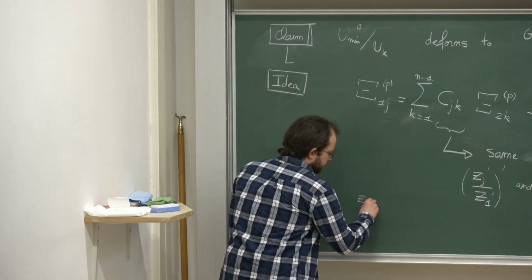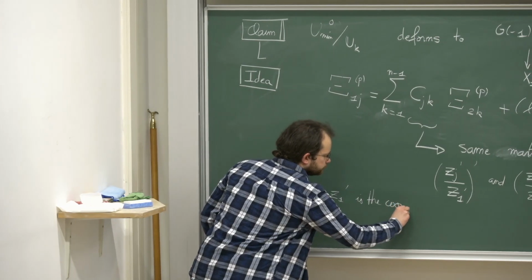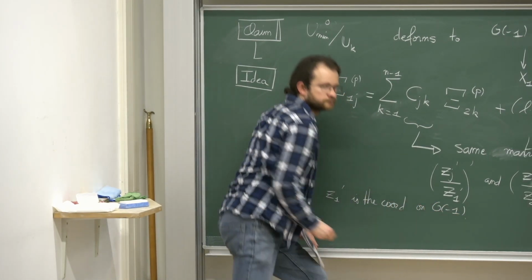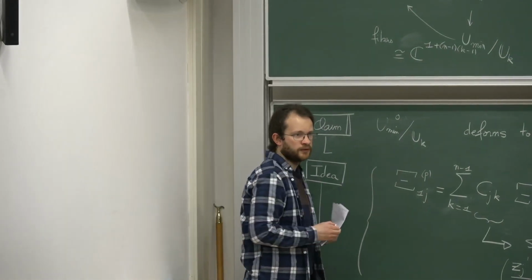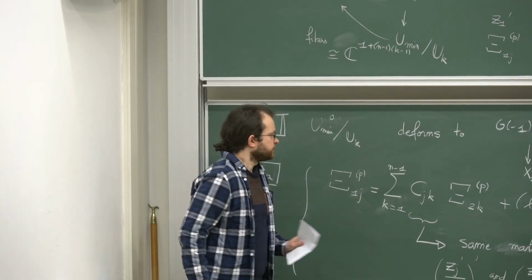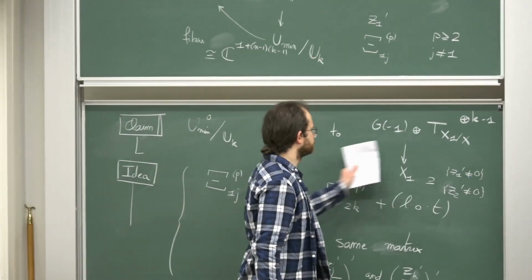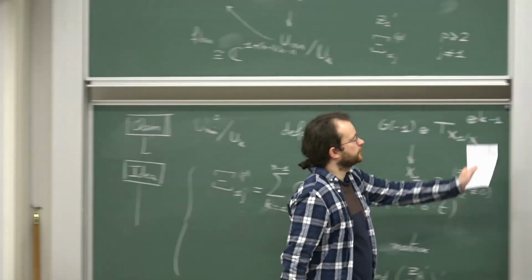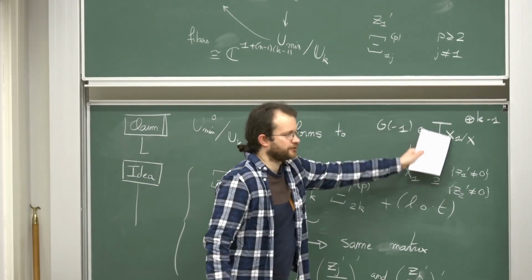Z1 prime is the coordinate of O-1. Right. So this is some computation you have to do, and then you get a grading filtration on the algebra QKM, whose graded terms is the algebra on that.